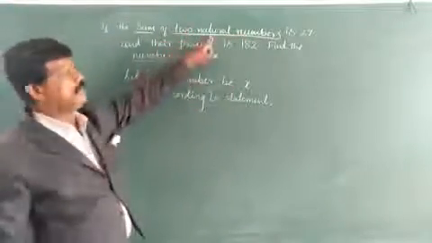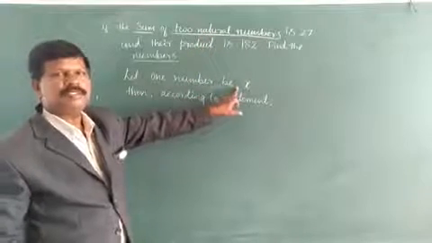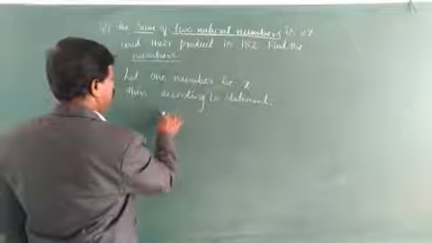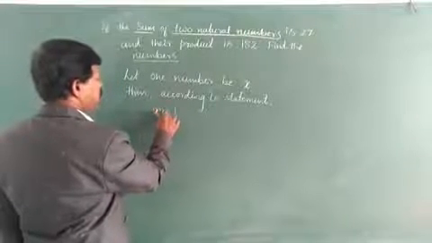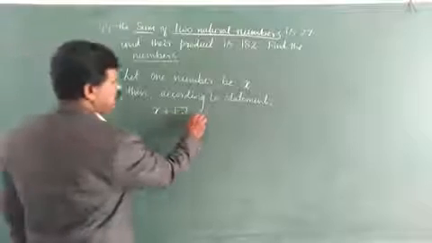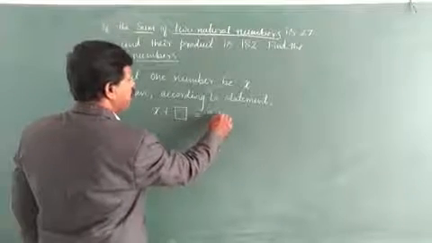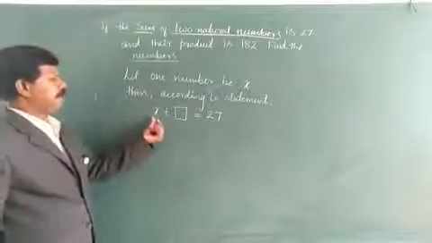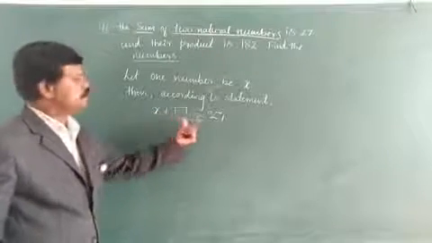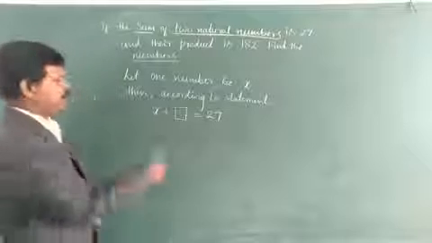In these two natural numbers, one number is x. Now for the second, you can take x plus box, since we don't know the second number, equals 27. That means the sum of two natural numbers is equal to 27.